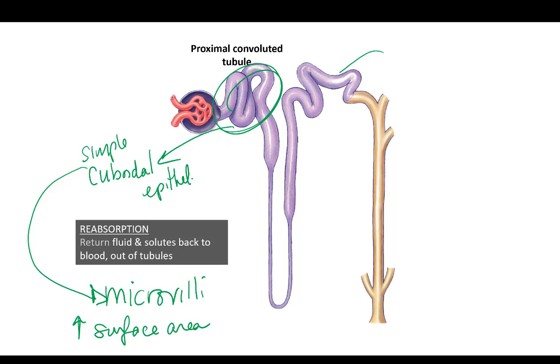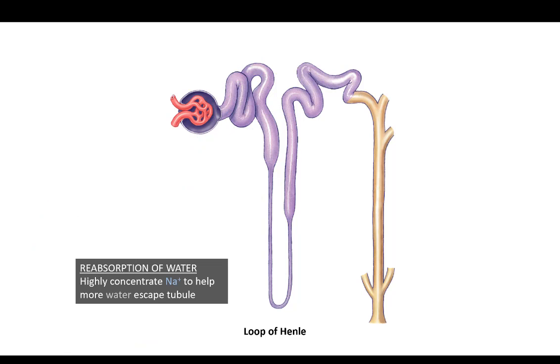When we get into the distal, it will also have simple cuboidal cells, but it will not have the microvilli because there's so little fluid by that point that you don't need the increased surface area. So let's go on to the next portion. This next part, we'll talk about the loop of Henle. In here, you can see that there's this very slender descending limb, and that's going to have simple squamous epithelial cells.